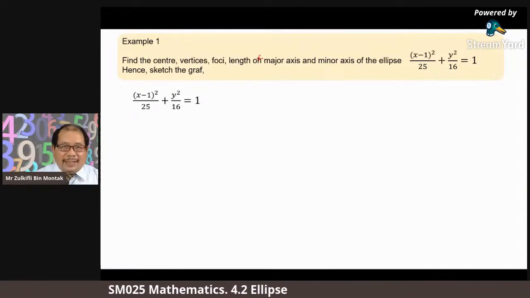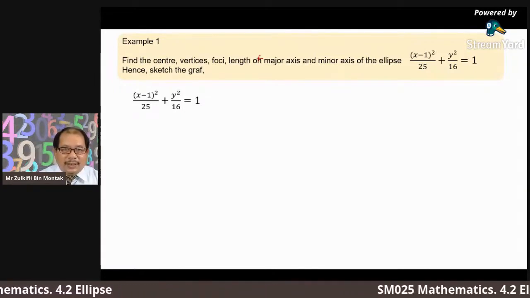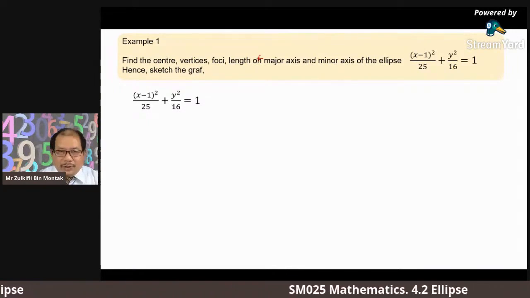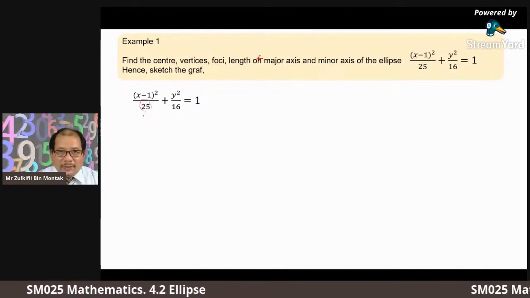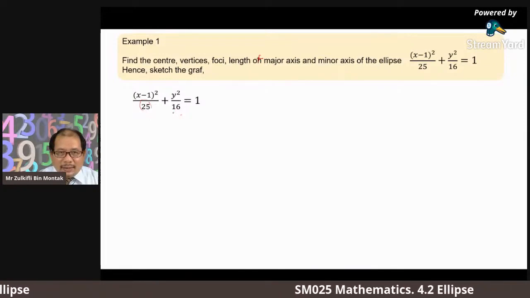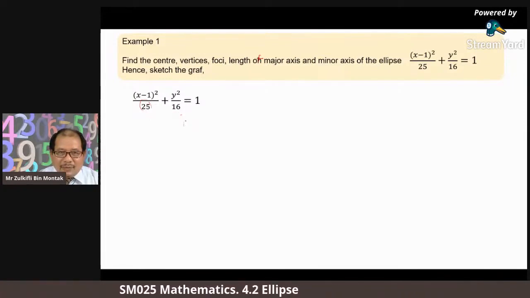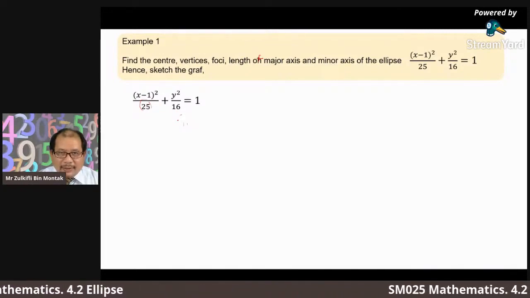(x minus 1) squared over 25 plus y squared over 16 equals 1. Look here: the value under (x minus 1) squared is greater than the value under y squared. That means the major axis of the ellipse is parallel to the x-axis.